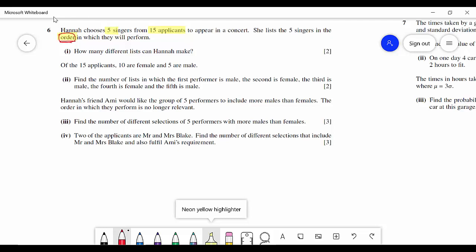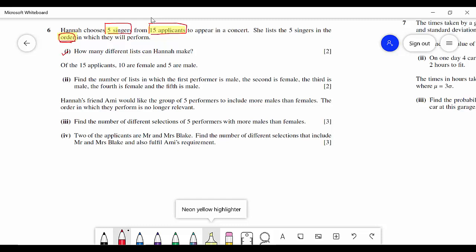Generally, when we calculate the number of ways, it will be either permutation or involve factorials. First of all, how many different lists can Hannah make? You want to choose 5 singers from 15 applicants, and the order is important, and you want to arrange them.